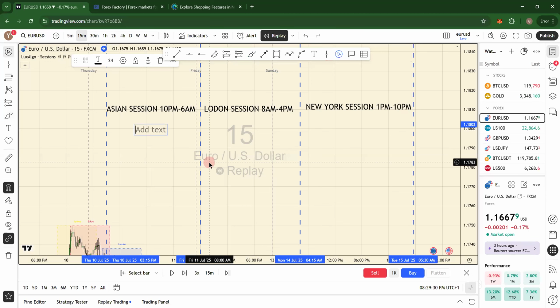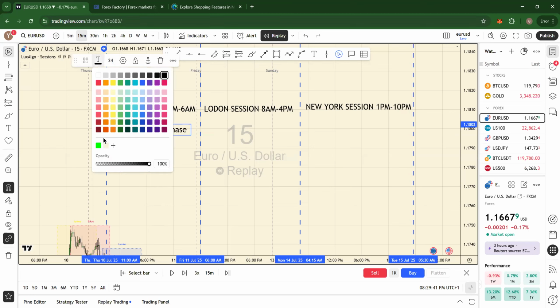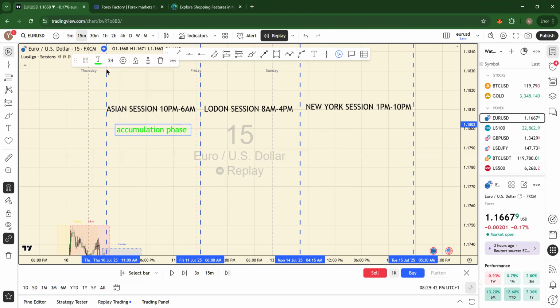The accumulation phase. The accumulation phase is the characteristic of the Asian session.